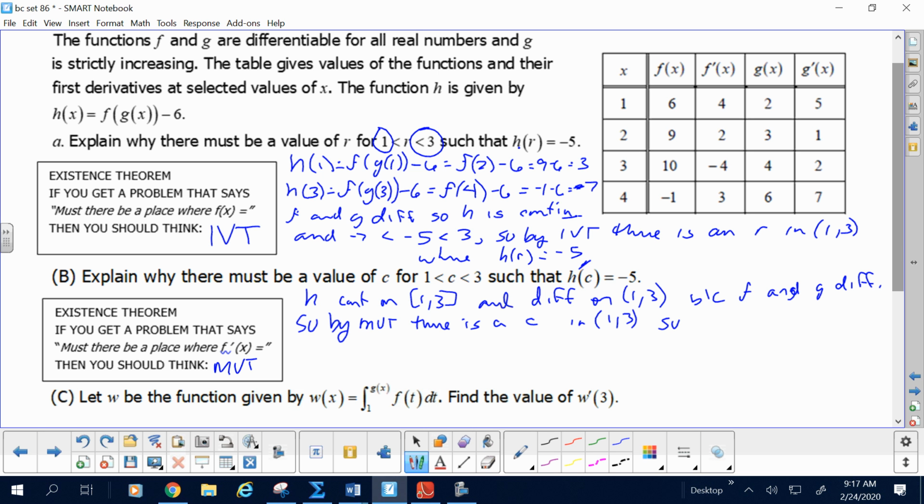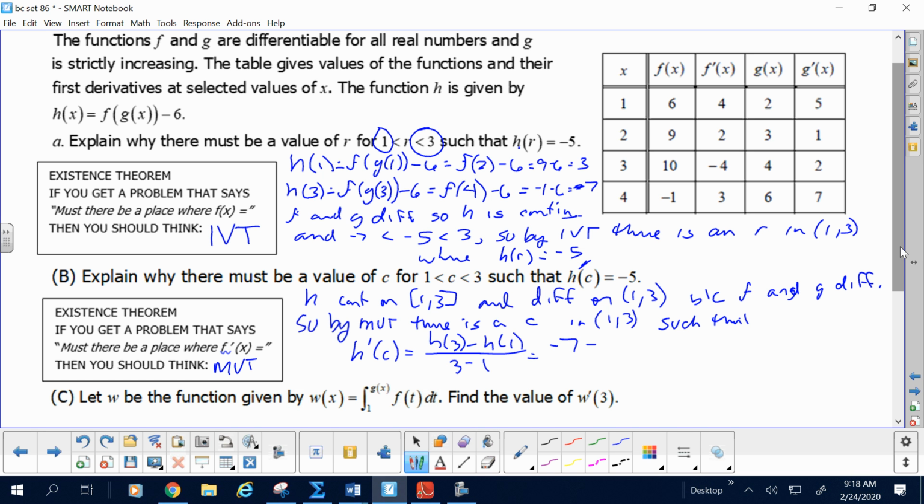Okay, that said then, so by MVT, there is a c in 1 to 3 such that h prime at c equals h at 3 minus h at 1 over 3 minus 1. Now I don't have to go find those because I just found them. H at 3 was -7.